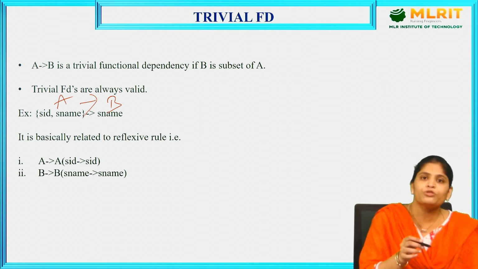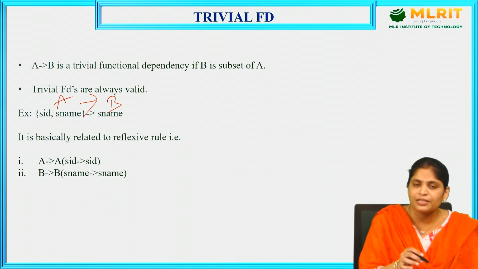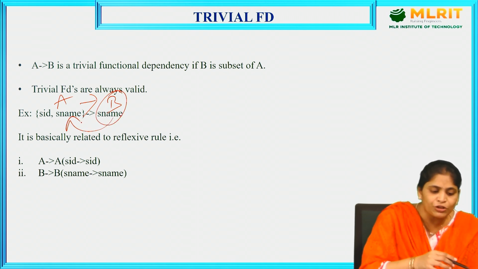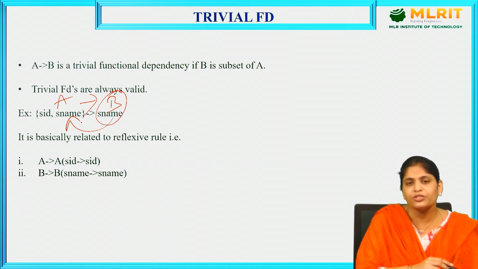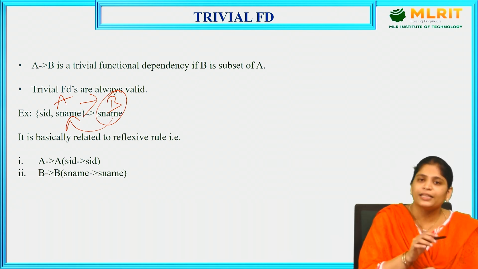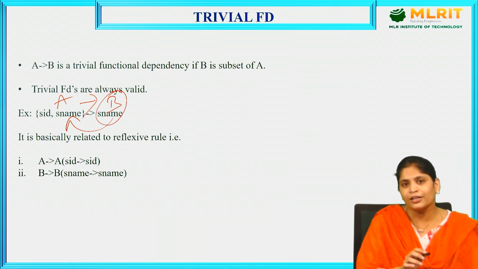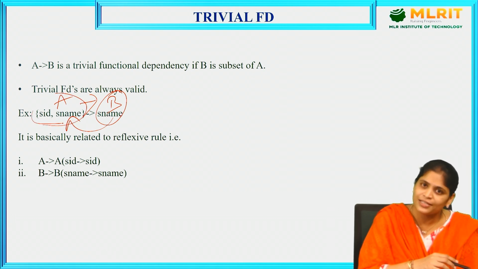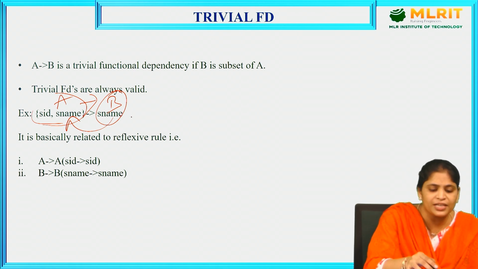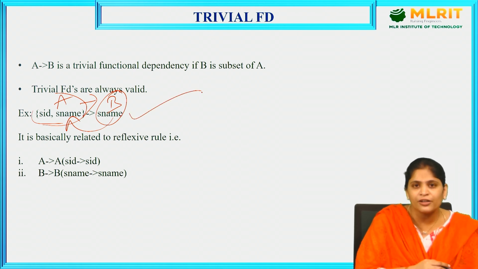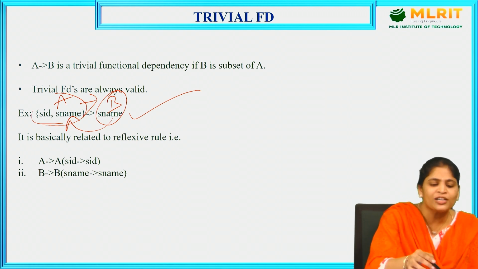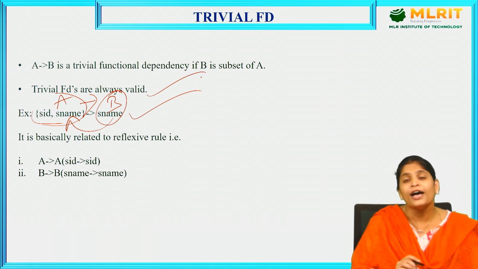To call this a trivial functional dependency, what do I have to check? Whether B is a subset of A or not. If it is a subset, then we can say that it is a trivial functional dependency. So here SName is a subset of the left hand side part. Yes, it is a subset. So we can say that this functional dependency is a trivial functional dependency. And one more point you need to remember is that all trivial functional dependencies are always valid.